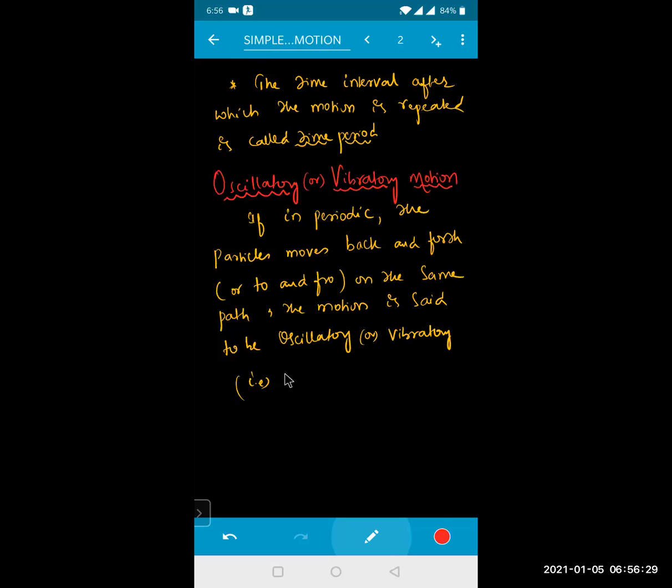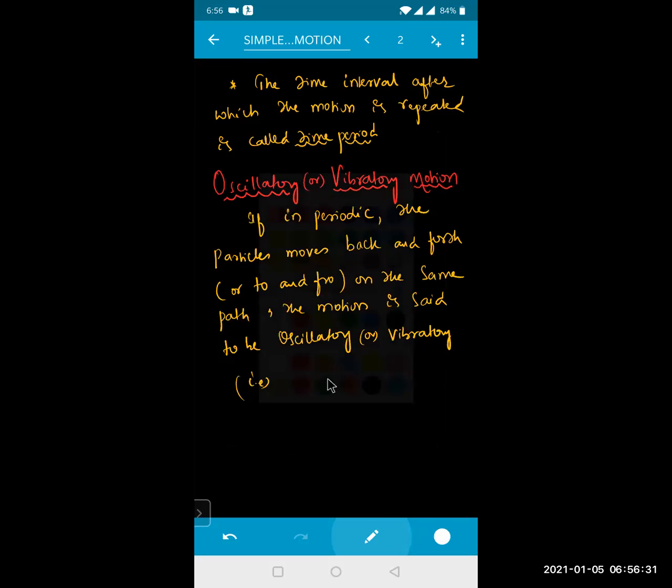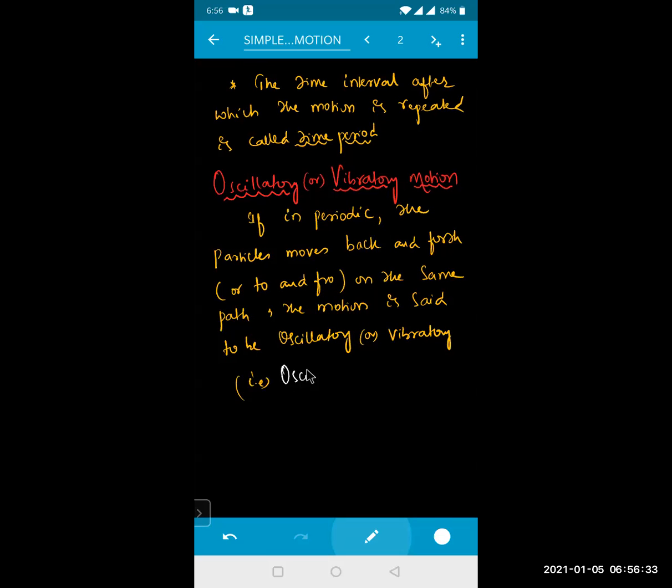So I can write here: oscillatory motion is constrained periodic motion between two fixed points.